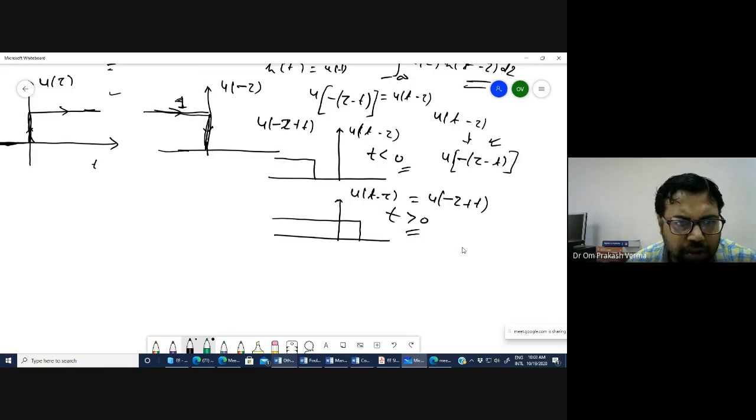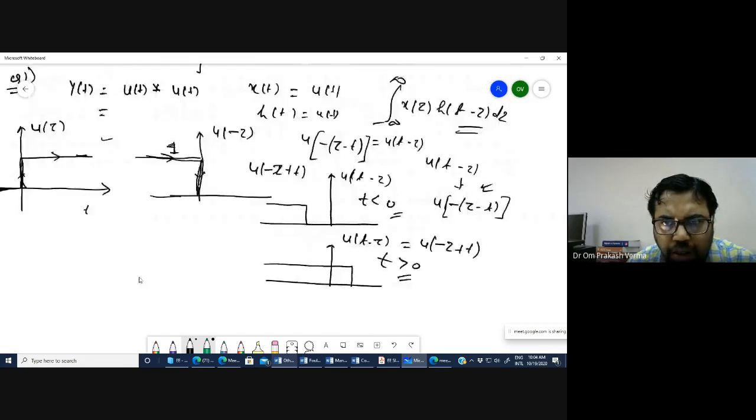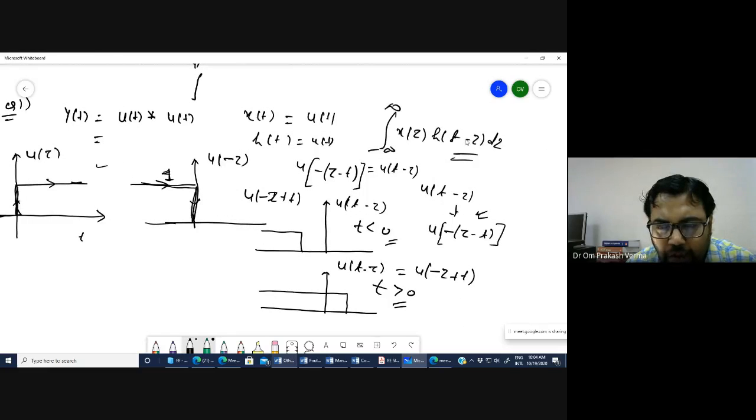Okay, good. So now tell me, when you multiply these signals, what do you have to do last? You got u(t minus tau), and you got x(tau). What do you have to do in the next step?